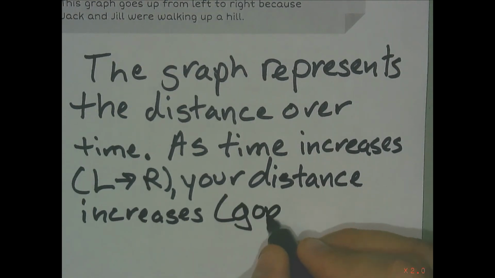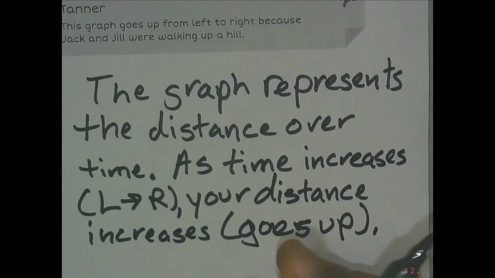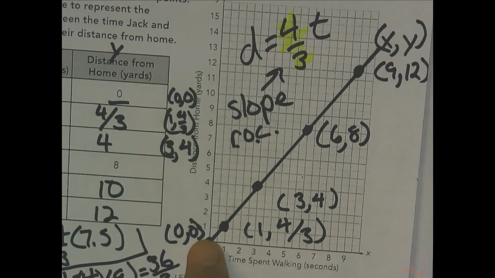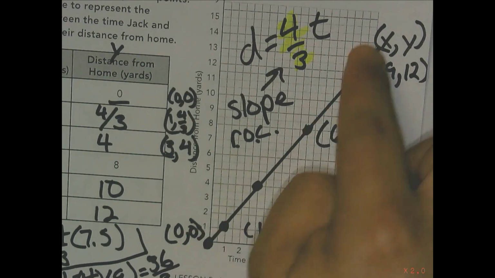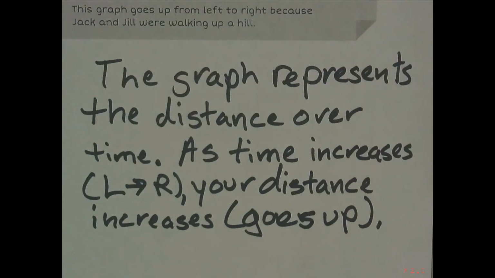Goes up. So the graph represents the ratio of distance over time as the time increases. In other words, as you look at the graph from left to right, the distance increases, which means it goes up. In other words, if I look at this graph, as I go across this way, my distance is going to increase. So the distance increases as time increases. Okay?